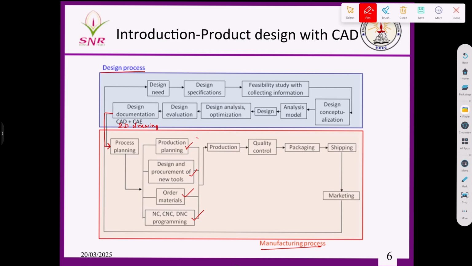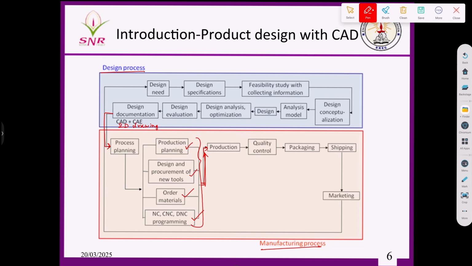Once all this work is completed by the process planning team, we move on to production.